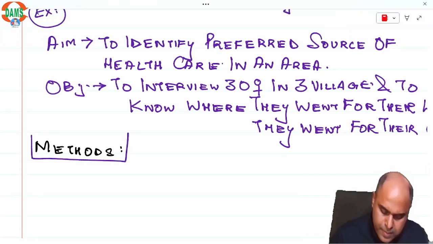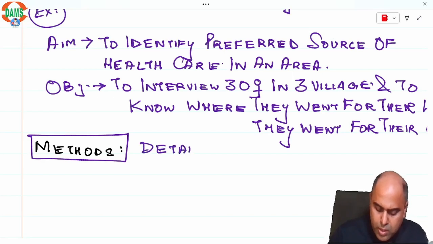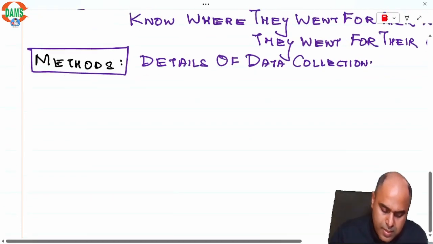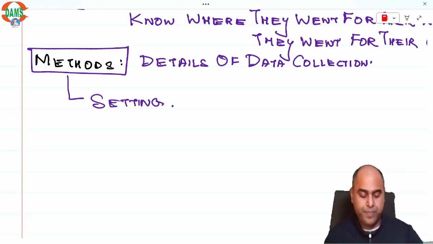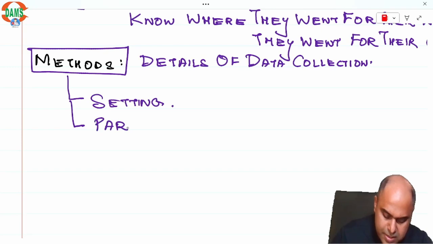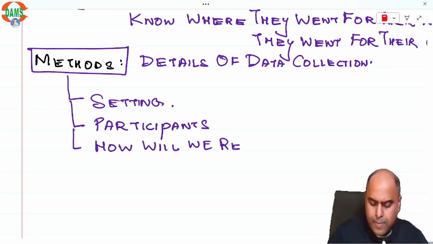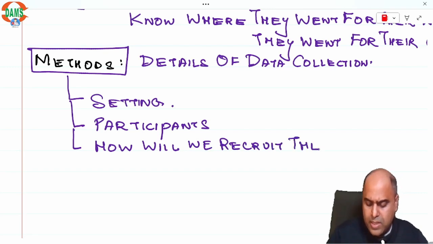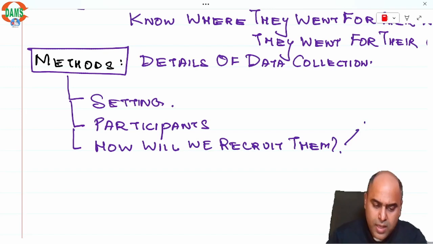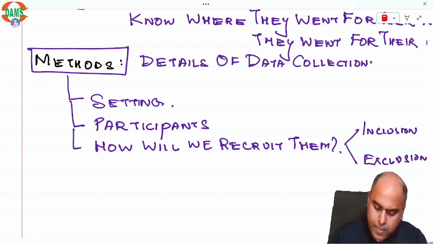The methods section is going to give you details of the data collection, like the setting in which the study will be done, who will be the participants, how we will recruit them, and in this we will apply some basic inclusion and exclusion criteria.